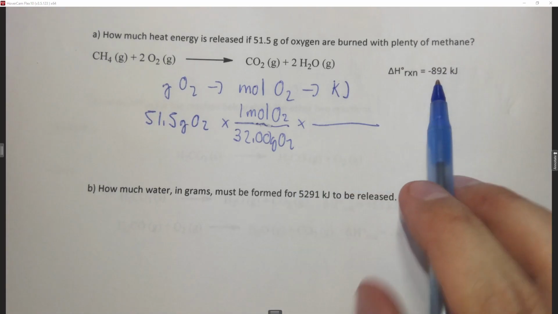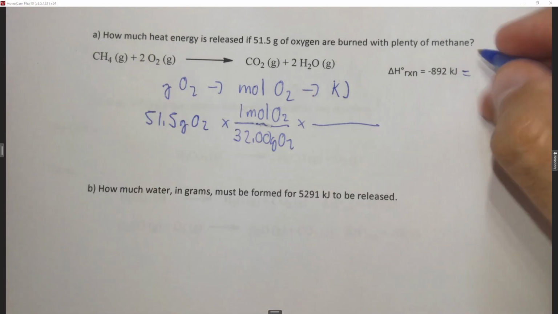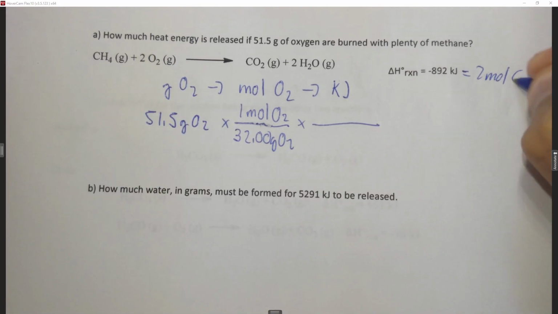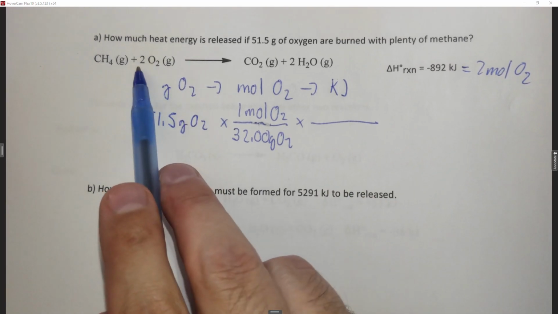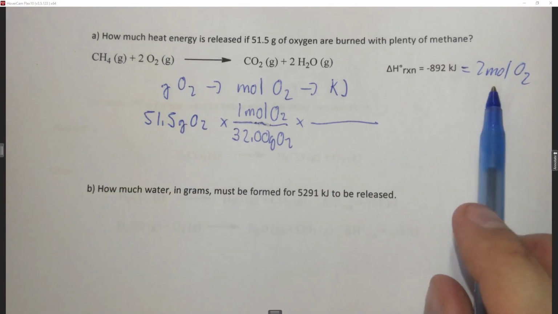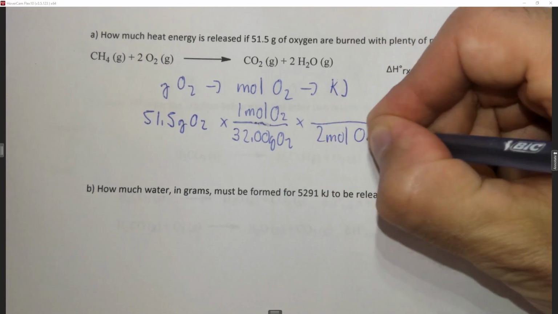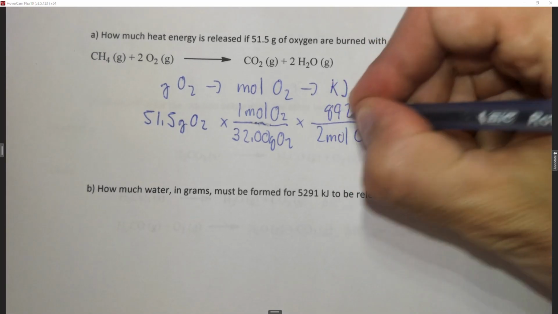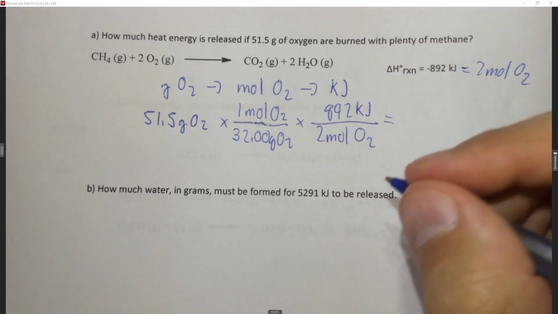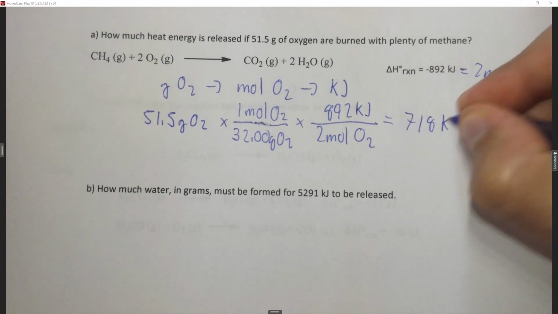What this means is 892 kilojoules equals 2 moles of oxygen, because the delta H reaction is for this reaction, and this reaction says react 2 moles of oxygen. So we need to get moles of oxygen to go, so we put 2 moles of oxygen on the bottom, and on top we put our 892 kilojoules. And when we do that math, we get 718 kilojoules.